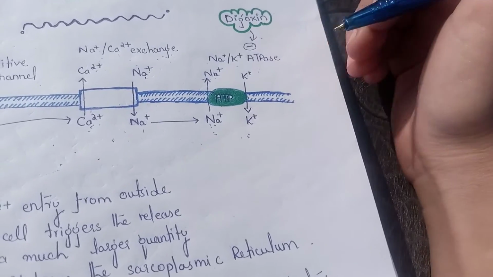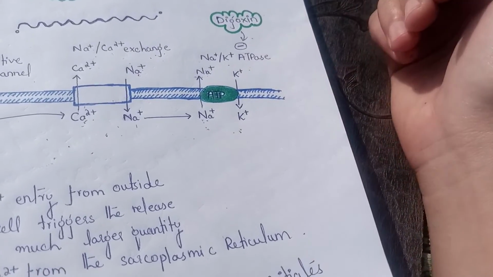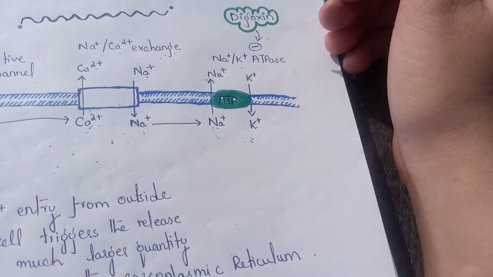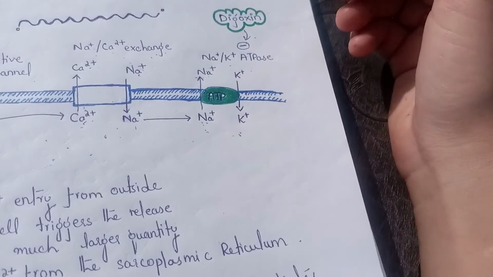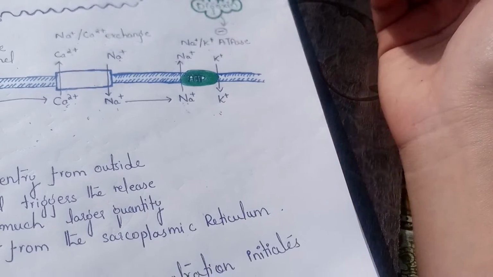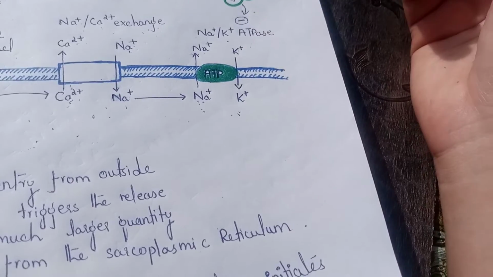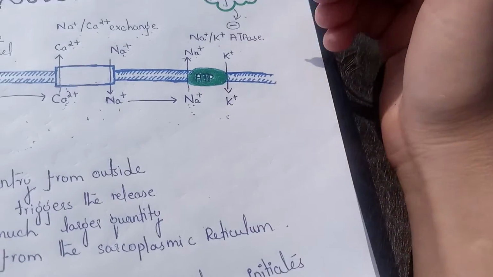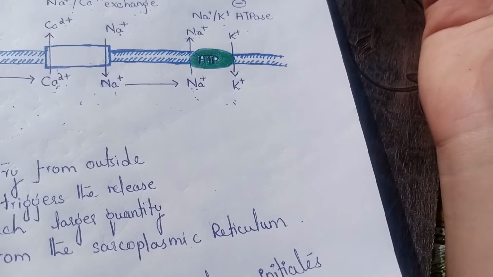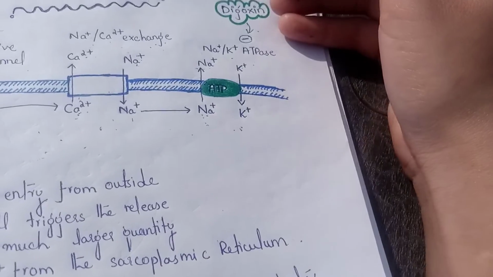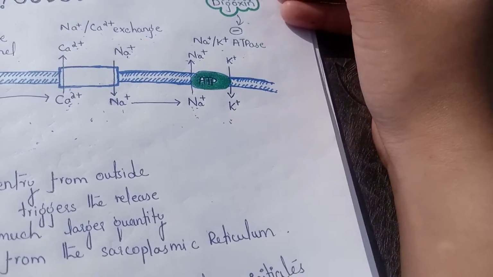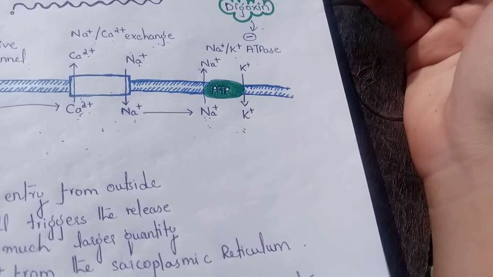So inotropic agents are basically given in patients who have systolic heart failure, because there is reduced ejection fraction. If a person takes digoxin or any inotropic agent, it increases contractility and thus the ejection fraction is preserved. So it is basically given in systolic heart failure, or heart failure with reduced ejection fraction.